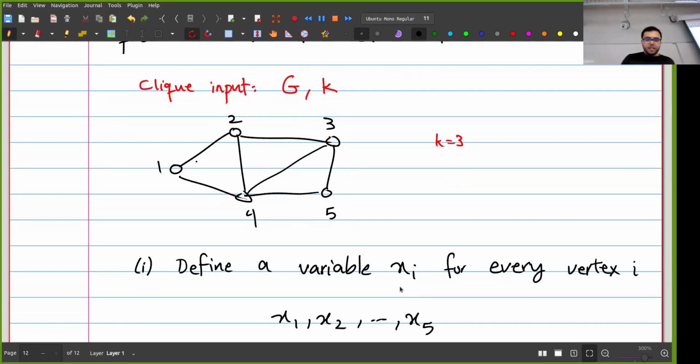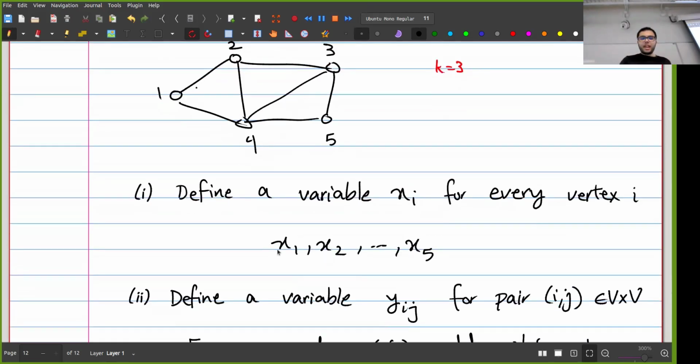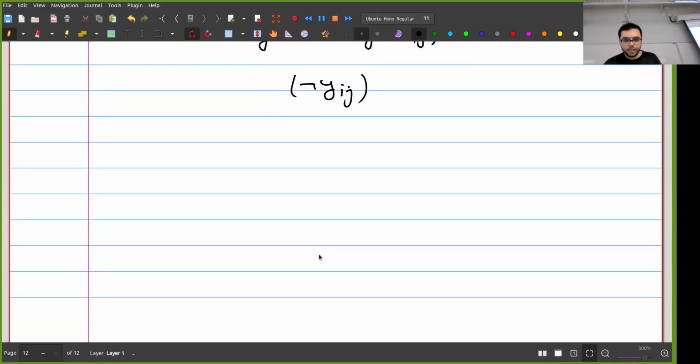So I want to write the constraint that if I have two variables that are true, so let's say I've set x1 and x2 both to true, it means that I've taken vertices 1 and 2 into my solution. So I want to make sure that there is an edge between them. This is the last part of my reduction.